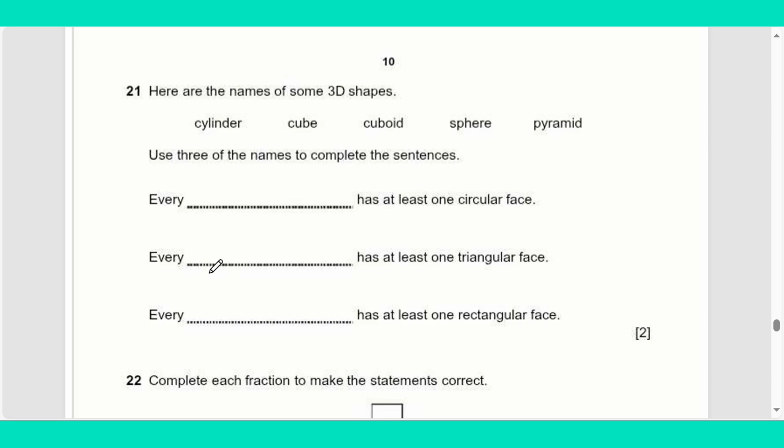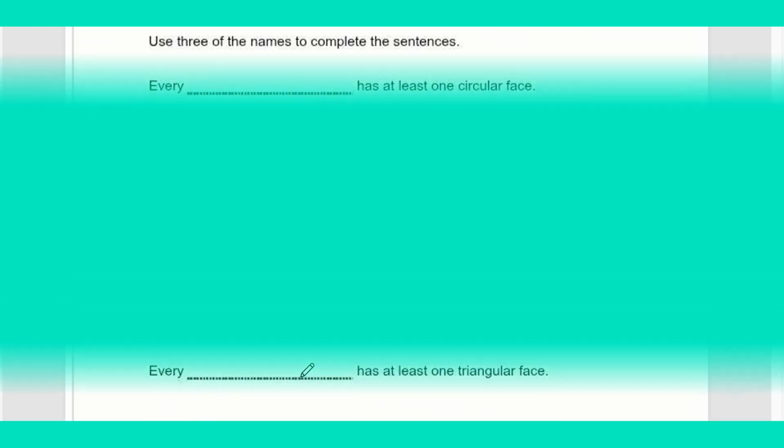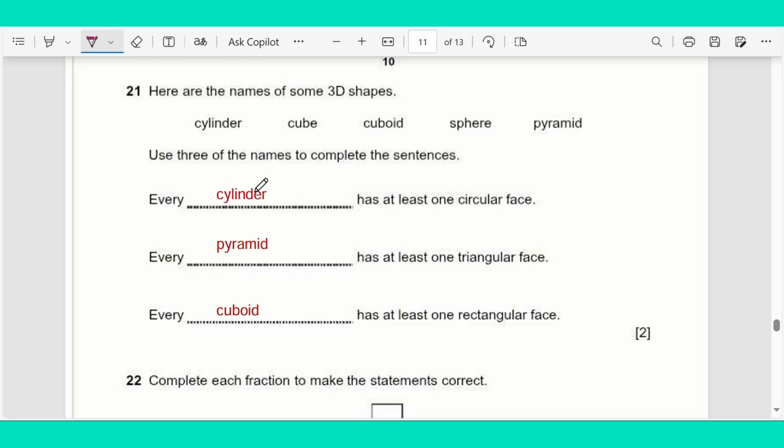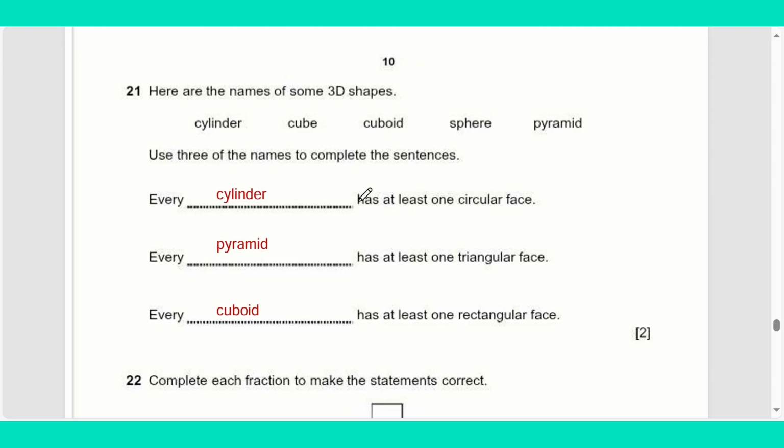Okay, what's your answer guys? If you need some time to think, you may pause this video. Okay, now 21, this is the answer. Every cylinder has at least 1 circular face, and every pyramid has at least 1 triangular face, and every cuboid, or you can answer cube, has at least 1 rectangular face.